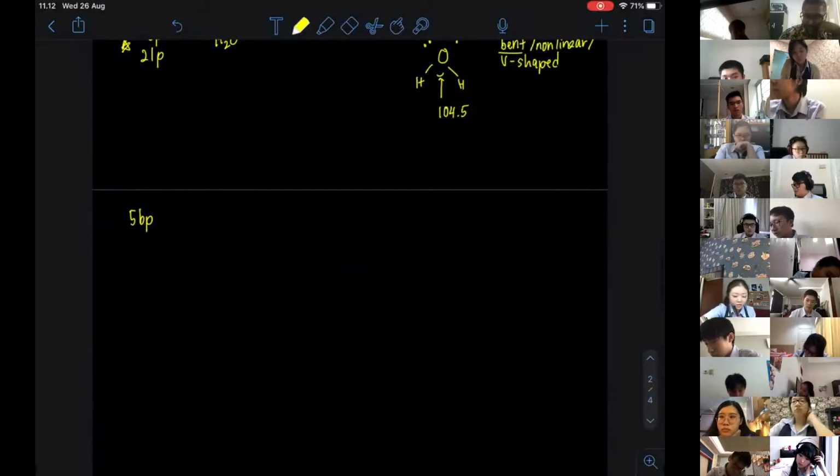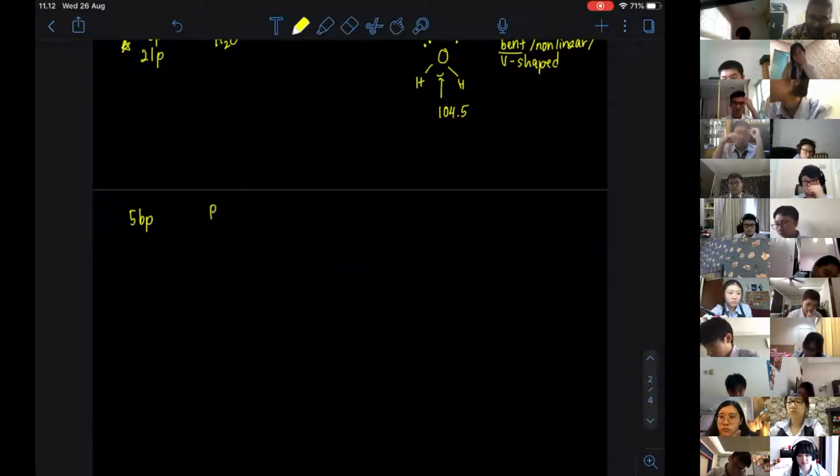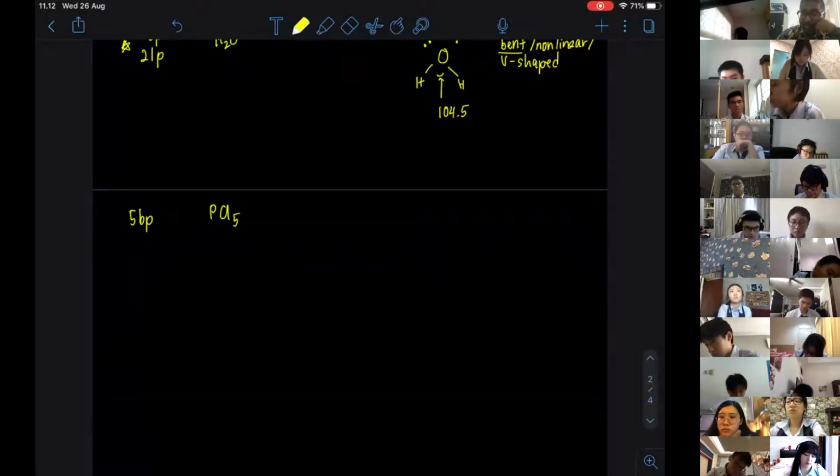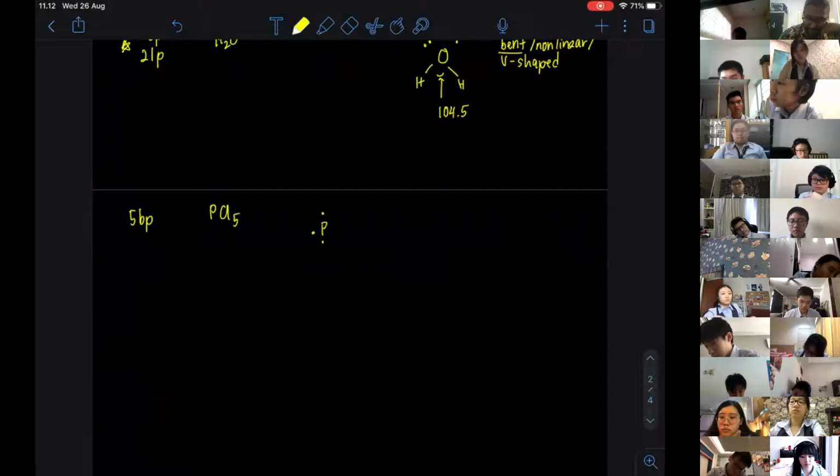Let's go for the 5 bonding pair. If you have 5 bonding pair, we are talking about 5 valence electrons. The best way is to look at PCl5. Phosphorus is group 15, so you have 5 valence electrons: 1, 2, 3, 4, 5. Cl, Cl, Cl, Cl, Cl.